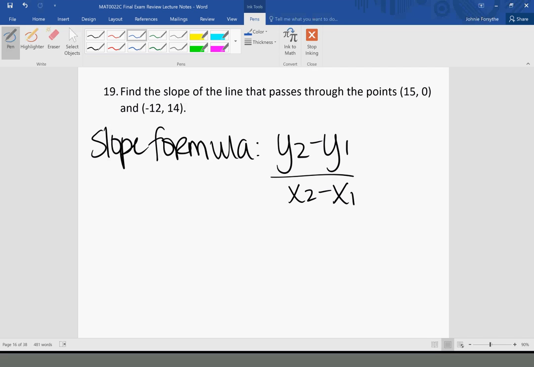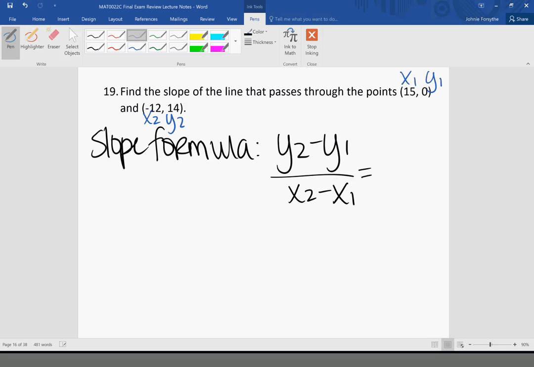It actually doesn't matter which one is your first point or your second point, as long as you're consistent. But I'm going to label this x1 and y1, and this can be x2 and y2.